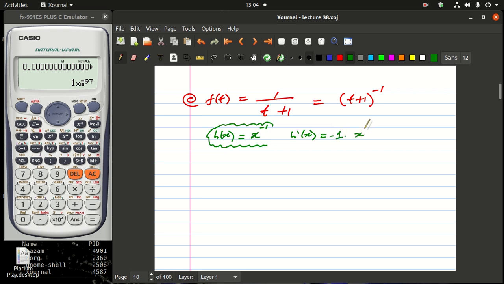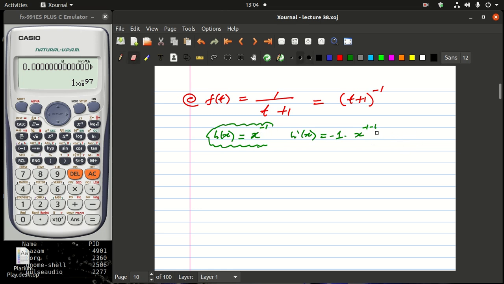I have an x and then I have a minus 1 and then I subtract another one there. So you just subtract 1 in the exponent, you bring down the original exponent, and then subtract a 1. The derivative is going to be minus 1 over x squared. I know how to take the derivative of this.